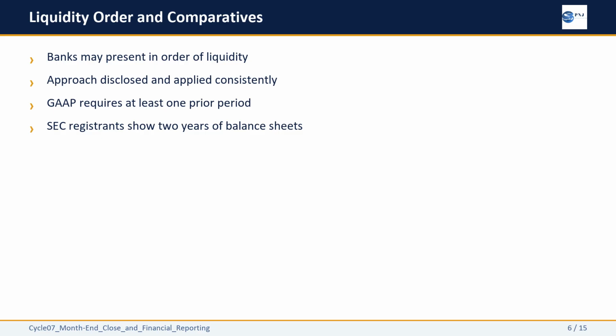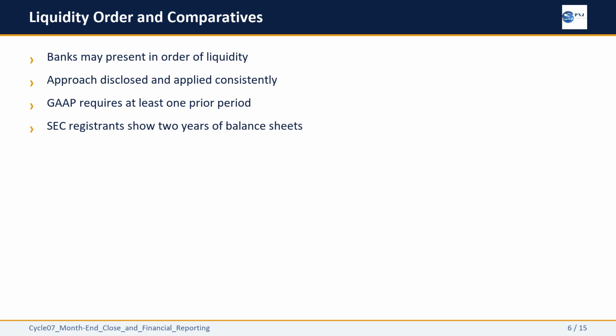Is the classified format the only option? Not quite. Banks and financial institutions may instead present assets and liabilities in order of liquidity rather than the classified split. Whichever approach you choose, you must disclose it and apply it consistently from period to period, because consistency is what lets readers compare you over time.